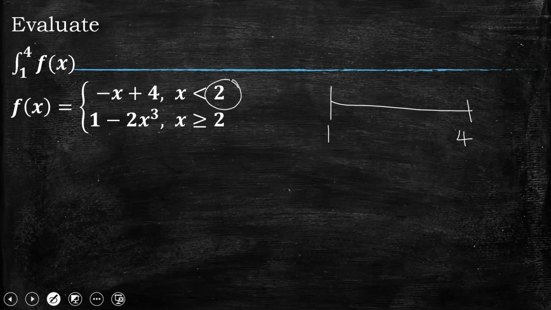But at point 2, the function will change. Since x is less than 2, from 1 to 2, I have to put negative x plus 4. And from 2 to 4, I have to use 1 minus 2x cubed.